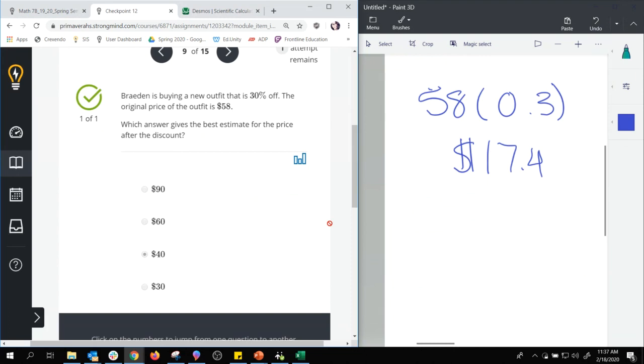That's the money after the discount. So I think I know what you're saying, but it's not worded exactly how I was thinking, but you're close.